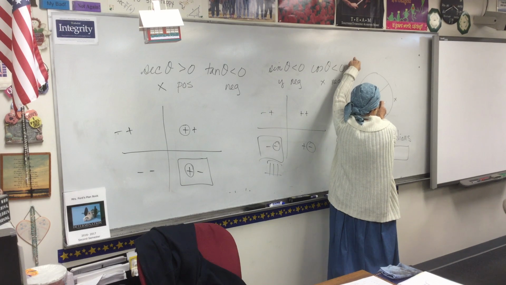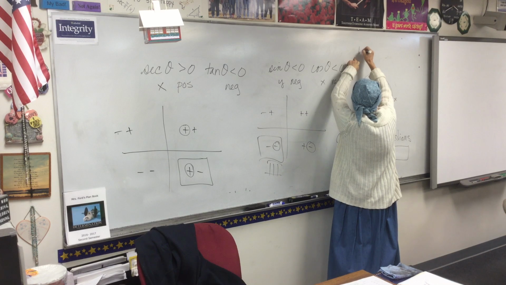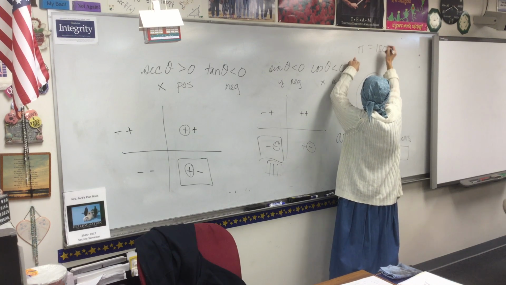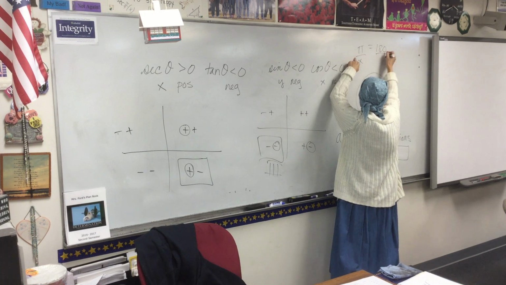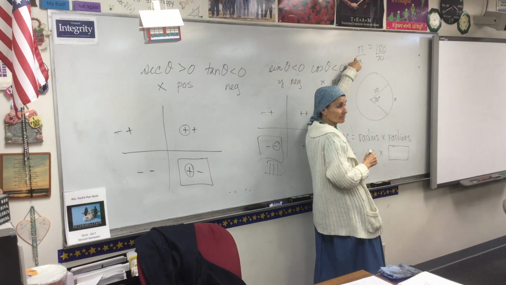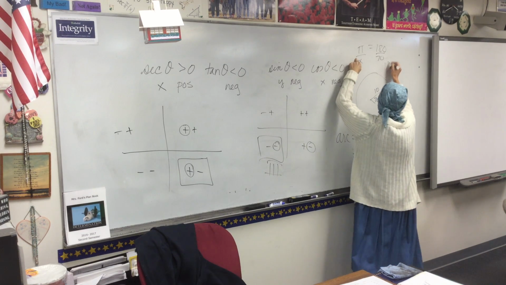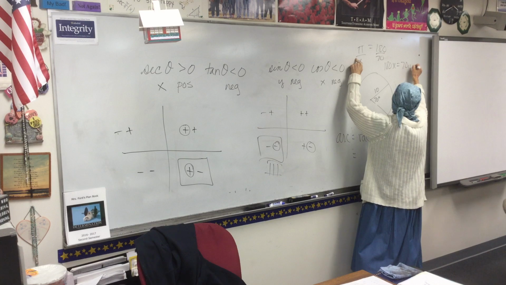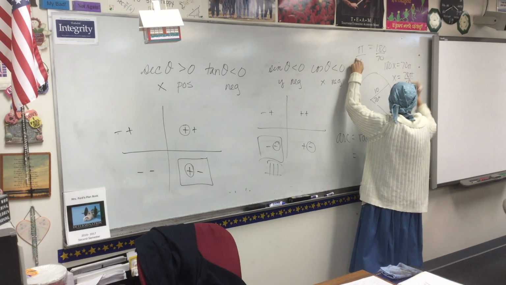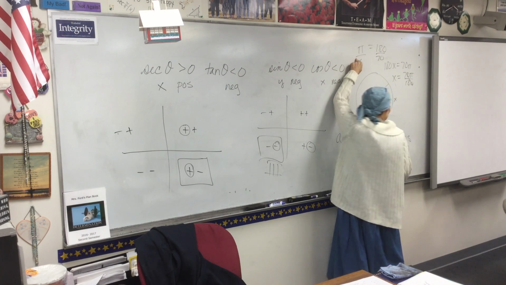How do I get a degree measure changed into a radian measure? Pi is 180, we know that. So what is 70? Right? So here we go. 180x equals 70 pi, so x equals 70 pi over 180. 7 pi over 18.